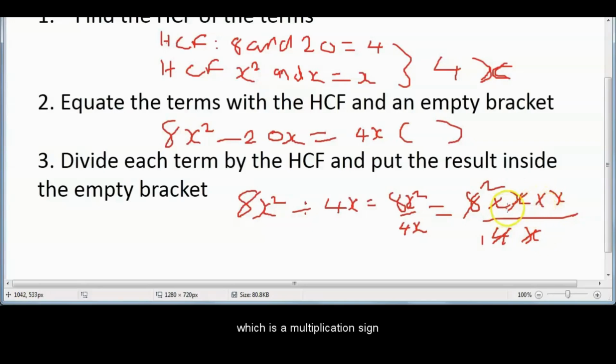Okay, these are multiplication signs. Let me remove the multiplication sign. We are left with 2x as the numerator. Nothing on the denominator side.